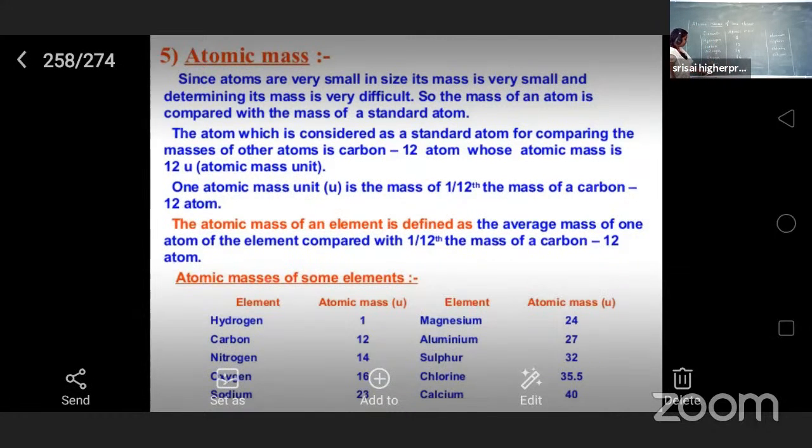So what is the sodium atomic number? Have you not written yesterday? Atomic number I am asking, not atomic mass.